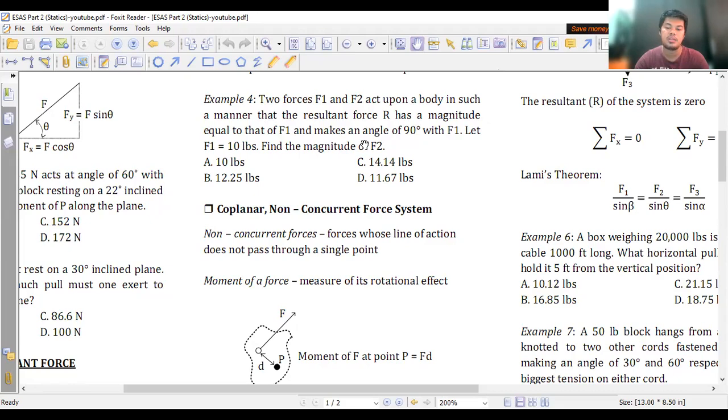Let F1 be 10 pounds. Find the magnitude of F2.